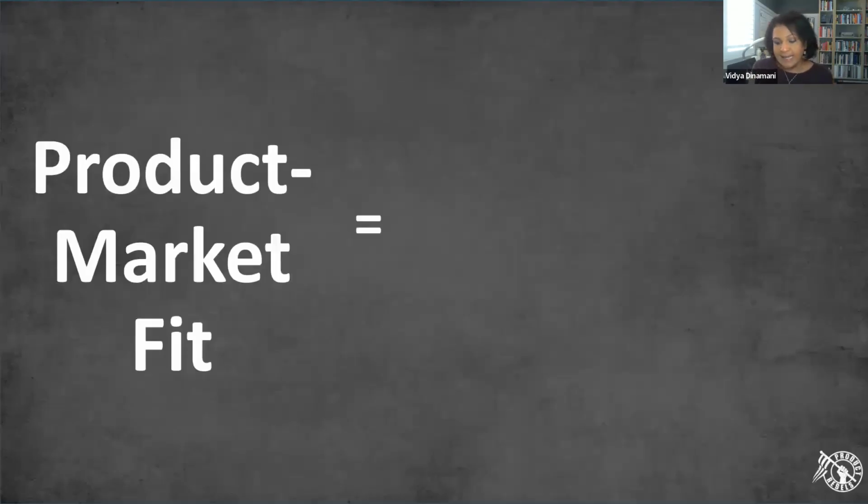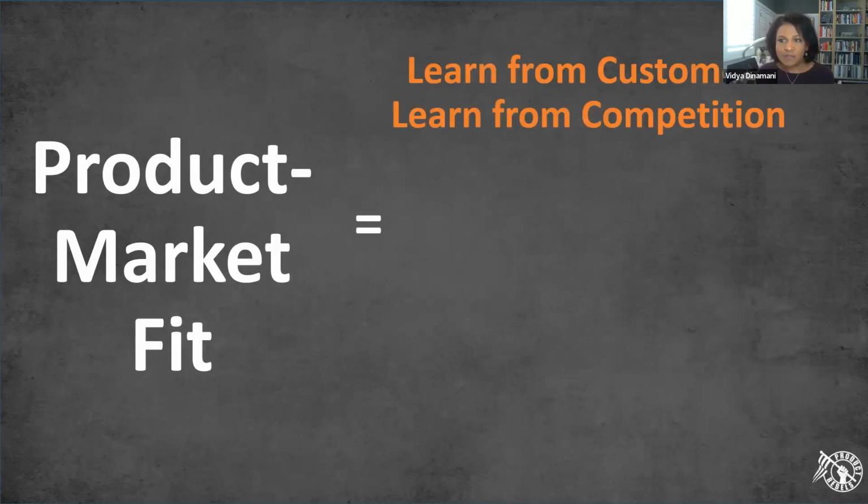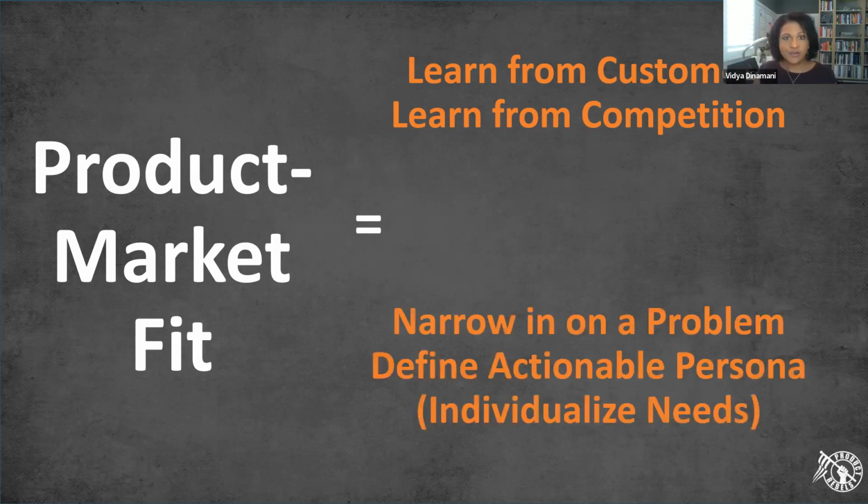So product market fit. We talked about it's like pulling together. You're going to learn from your prospects, your potential customers, the people you're bringing to life, who are the users or buyers of your product. Add that to the competition, and think through where those opportunities are and where they connect.